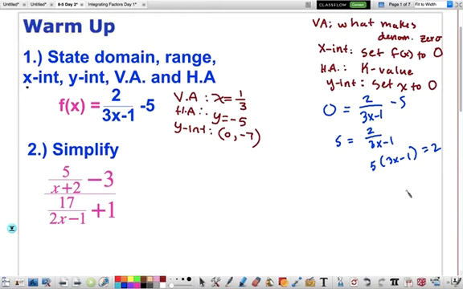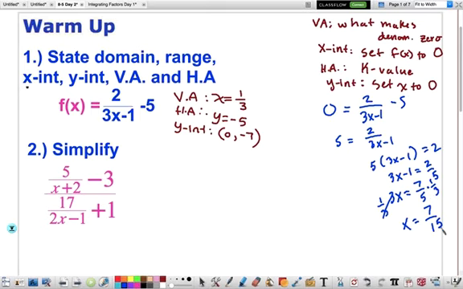So divide by 5. Add 1. 2/5 plus 1, well 1 is 5 over 5, so 7/5. I need to clear a positive 3, so I multiply by 1/3. So x equals 7 over 15.